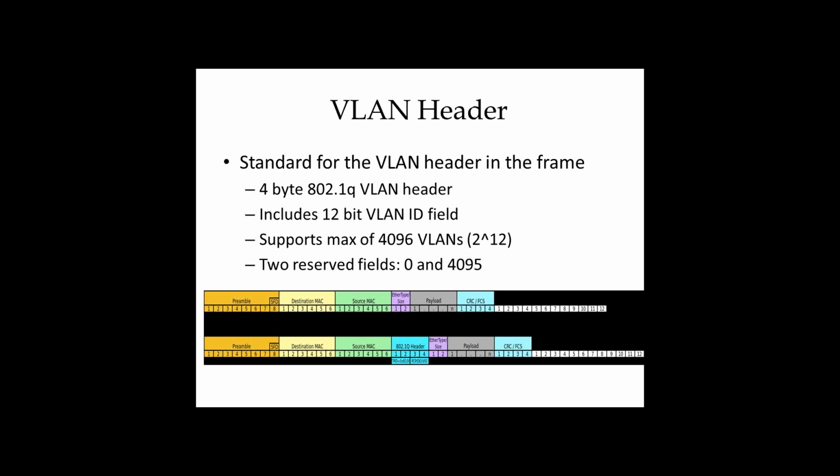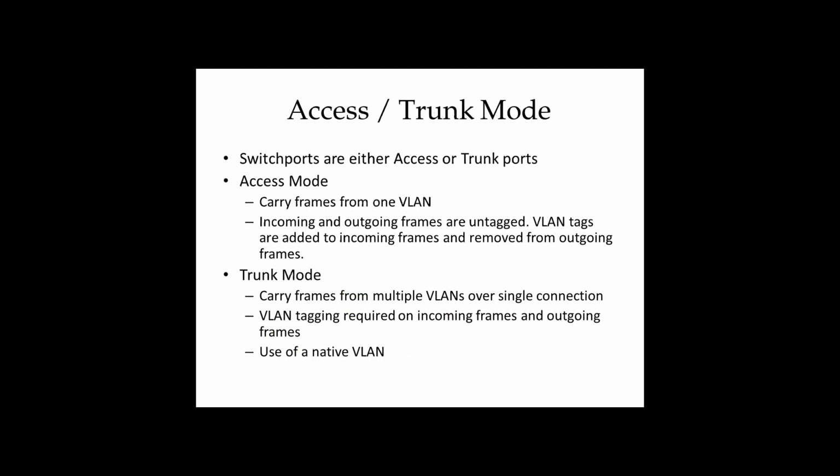So we talked about VLAN tagging. This is where it takes place. This is how it's represented within the header of that frame. Okay. So as far as the different modes within a switch, we're going to be using VLAN tags one way or another.